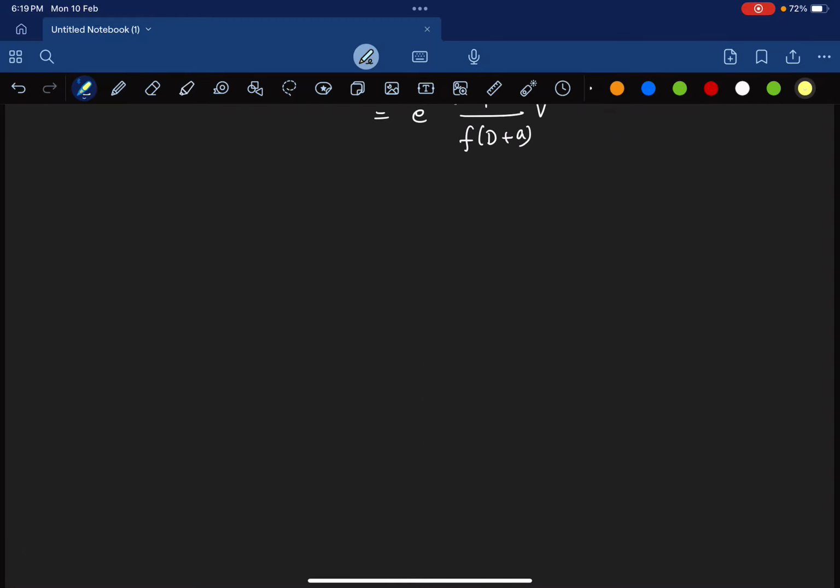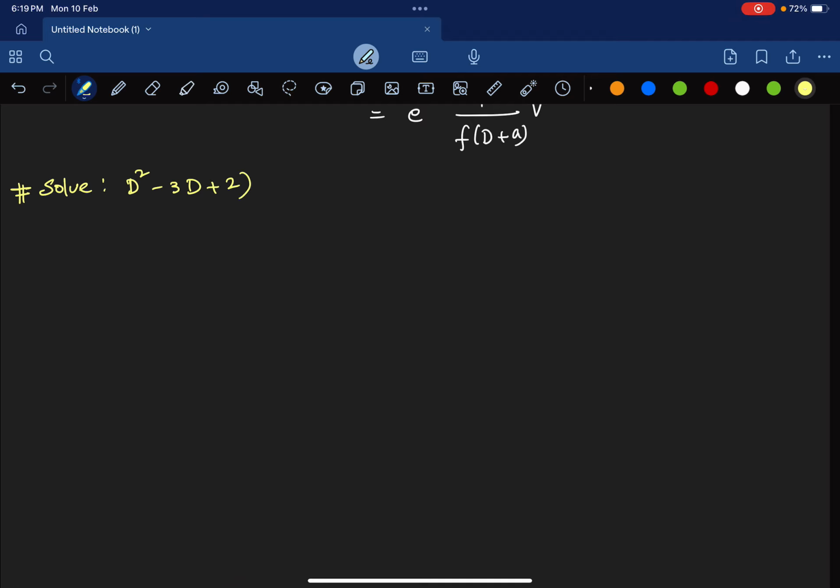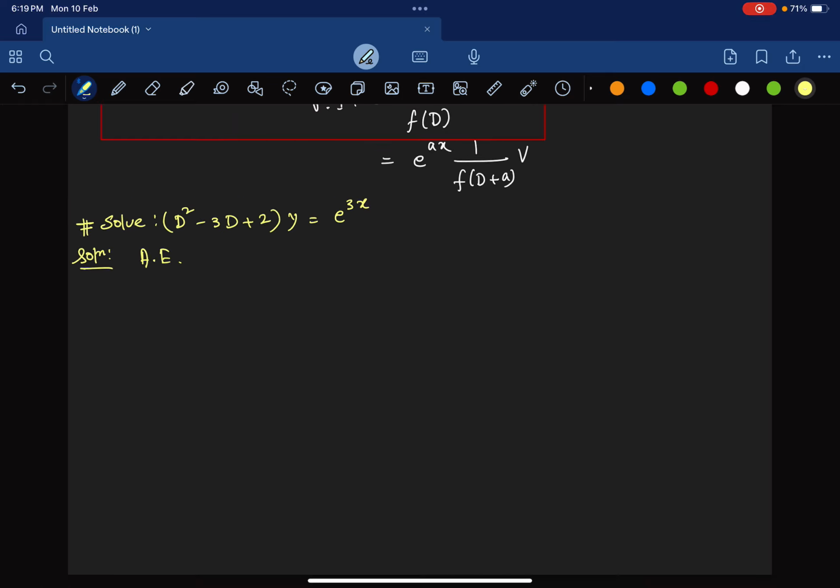So suppose, write down this question: solve d square minus 3d plus 2y is equal to e power 3x. Okay, so solution. First step, writing the auxiliary equation.